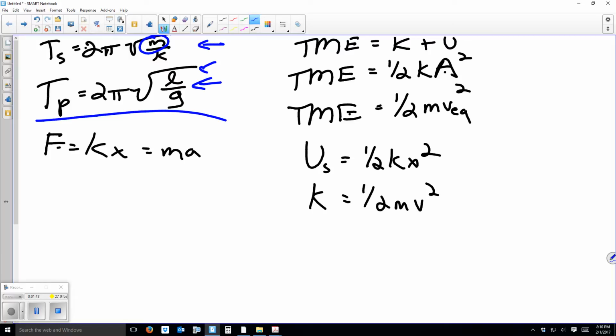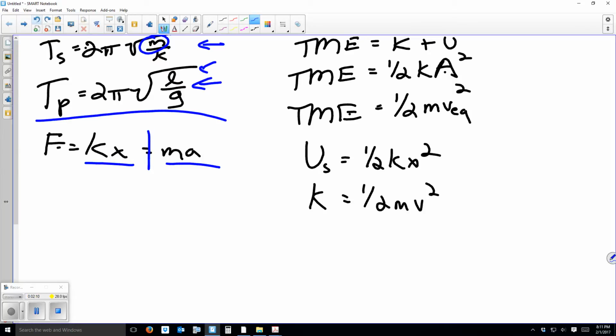Down here below, we've got F equals kx. That is Hooke's law. Working with springs, that is helpful, but it's also equal to ma. So if you're looking for a particular acceleration and you know k, x, and m, you can actually solve for that. This is not one of the equations that's given to you on the green sheet.